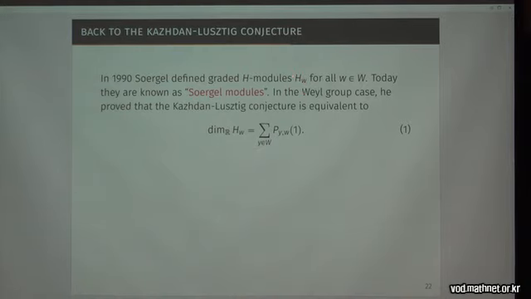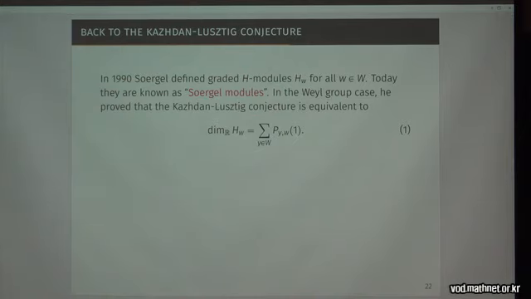and so these are called Soergel modules, and what he showed is that the Kazhdan-Lusztig conjecture is equivalent to these modules having dimensions predicted by Kazhdan-Lusztig theory. And it's rather remarkable because these guys have some rather simple definition that lives purely in the world of commutative algebra, and yet the Kazhdan-Lusztig conjecture makes a rather bold prediction for the dimension.